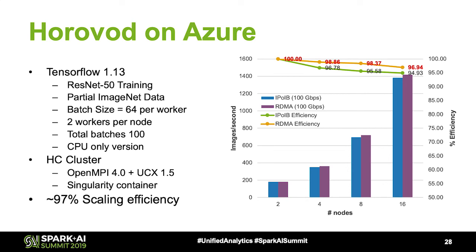Here, the scalability trend is really awesome, and this is again on Azure HC, ranging from 2 nodes to 16 nodes. When we compare the 1-node scalability efficiency calculations to 16 nodes, we could see that even at 16 nodes, the scalability efficiency was around 97%, which was really impressive.